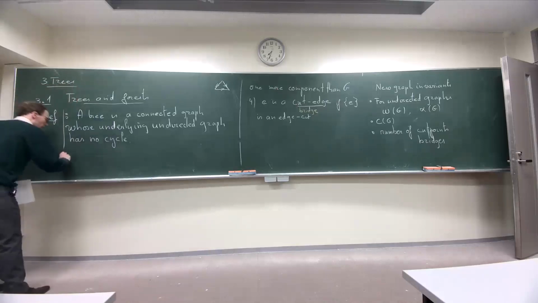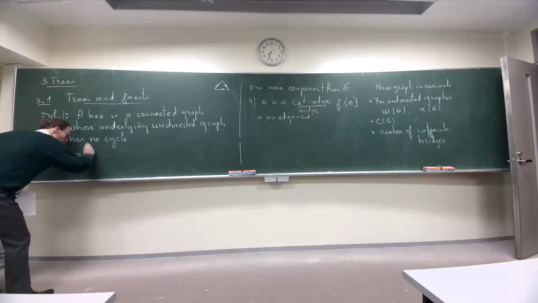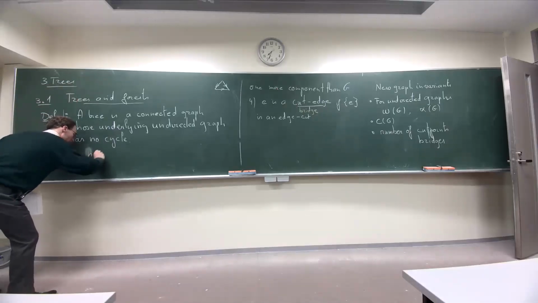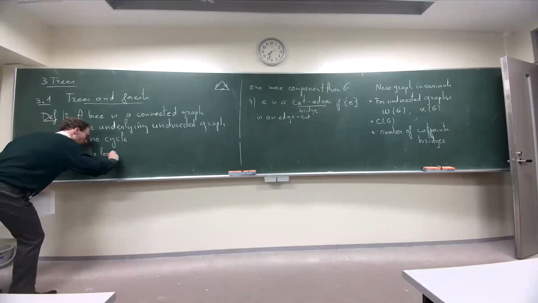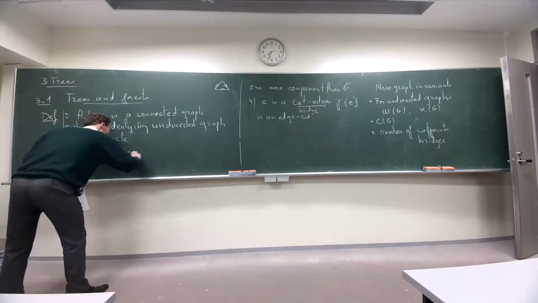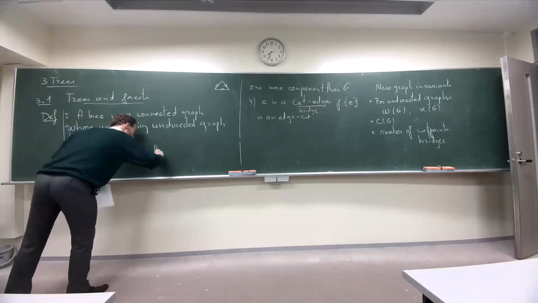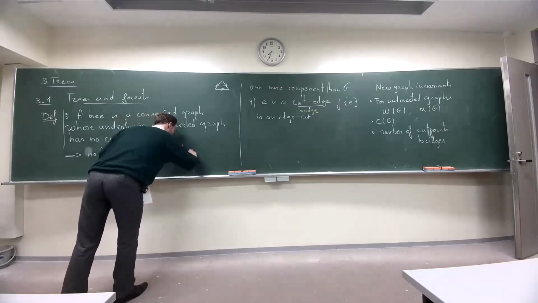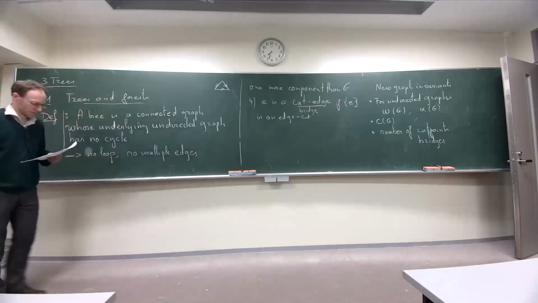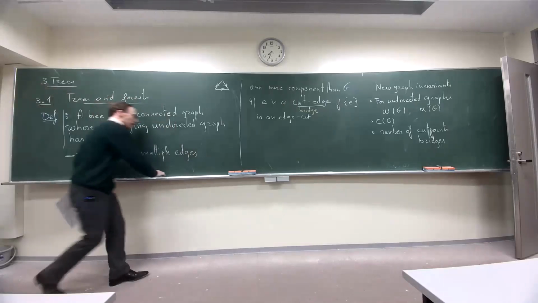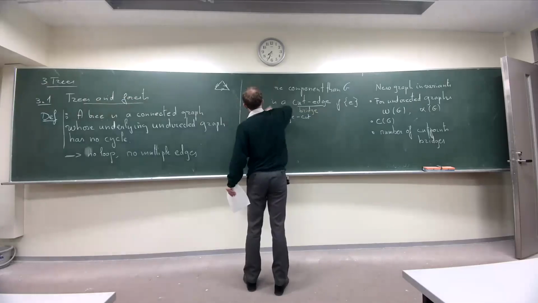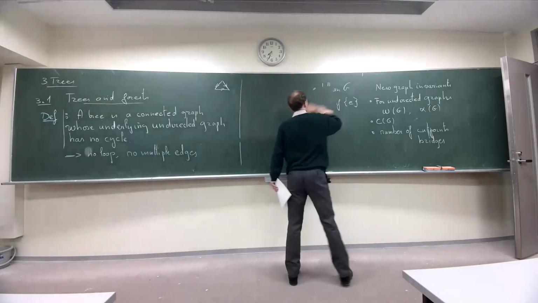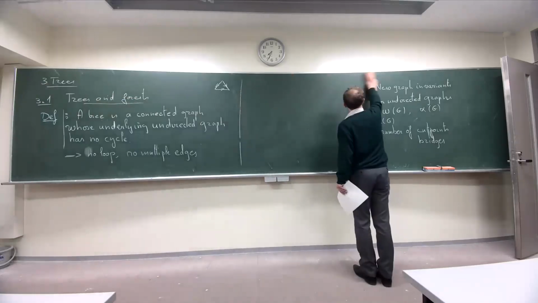And in particular, you can observe that you have no loop. This would be a contradiction. So trees have no loops, no multiple edges. In this sense, they are simple graphs. Now, for directed graphs, so when you have an orientation, this definition is fine.